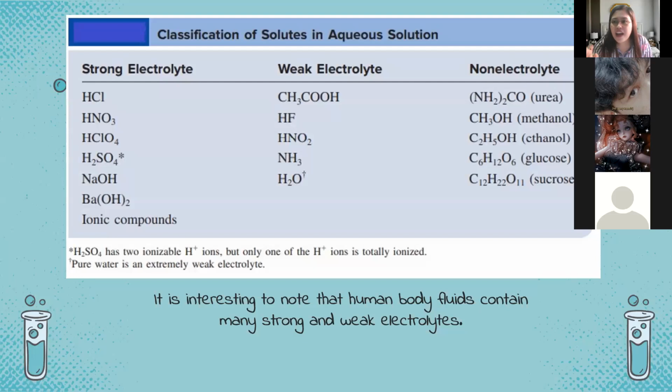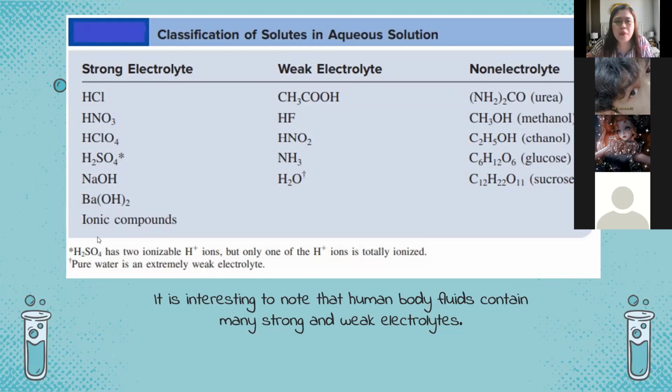So we have here the hydrochloric acid, the nitric acid. We also have here the perchloric acid, and then the H2SO4, the sulfuric acid. Those are strong acids class, so they are definitely strong electrolytes. And then we have strong bases here, sodium hydroxide and barium hydroxide.